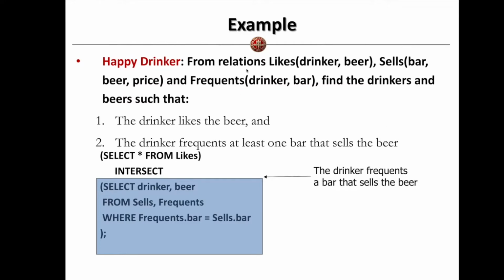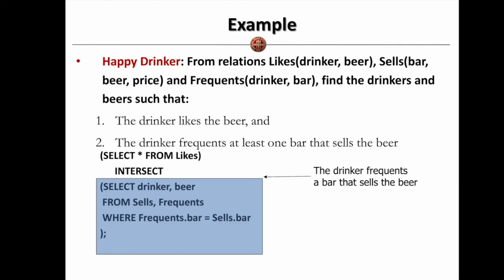We have the Likes table with drinker and beer, the Sales table with bar, beer, and price, and the Frequents table with drinker and bar, which denotes that the drinker goes to this bar very often. So please find the drinkers and the beers such that the drinker likes the beer, and the drinker frequents at least one bar that sells the beer.